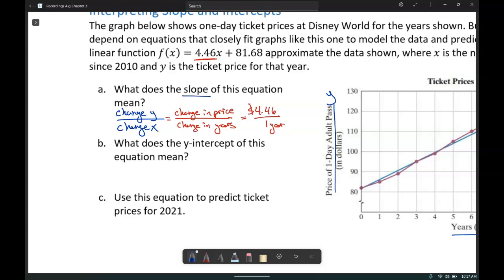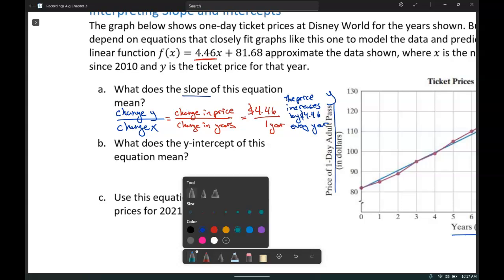So we can state that the slope represents the price increases by $4.46 every 1 year. So every year the price increases by $4.46 just by looking at what the variables represent, what the y and the x represent.